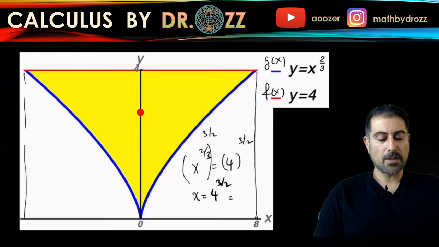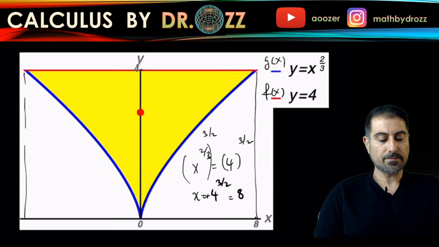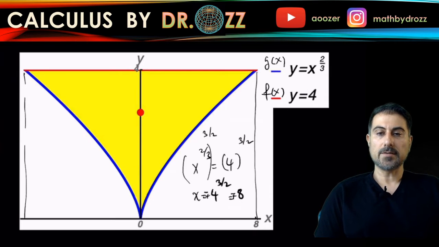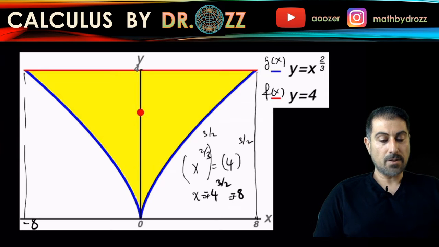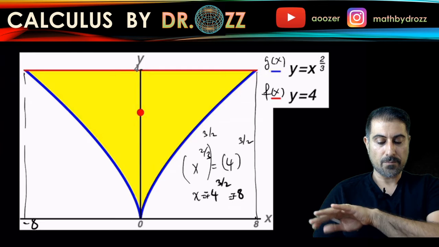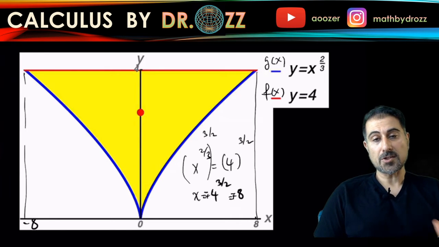So you should probably put here plus or minus 8. All right, so here we go, minus 8 and plus 8. These are the x min and x max. You can also graph these functions for x equals -8 and x equals plus 8 for x min and x max.